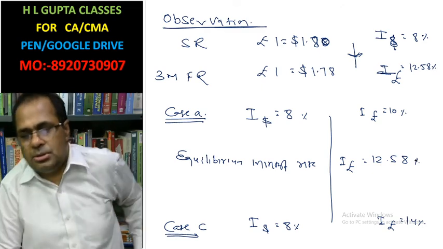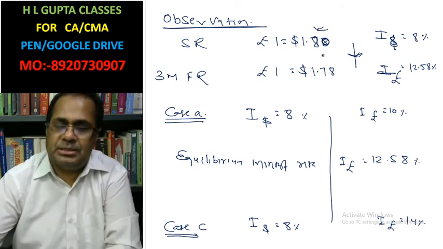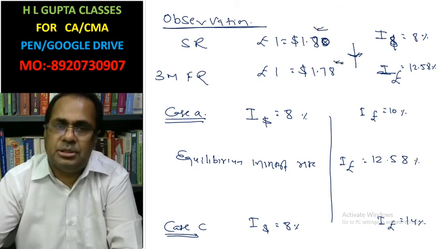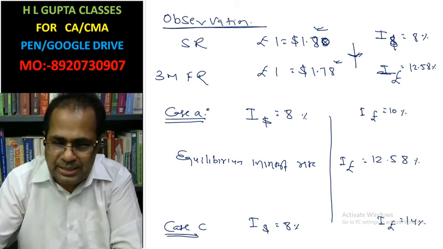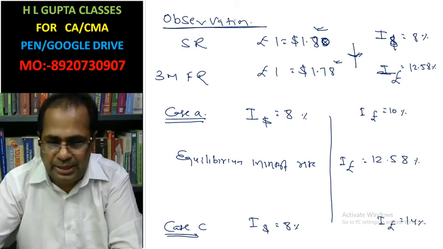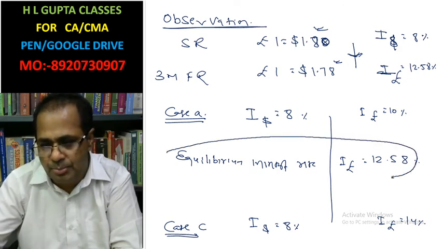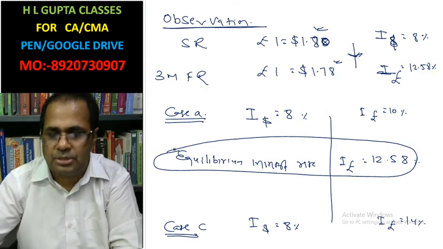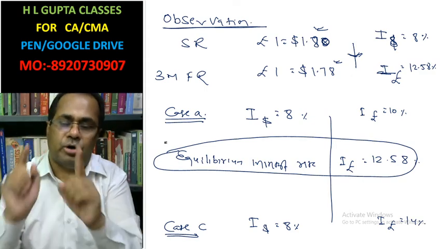What this means? If a spot rate is this and 3-month forward rate is this, in that case, if interest rate of pound is this, then there is no difference whether investment is done in USA or UK.